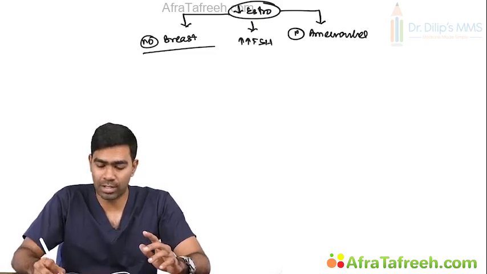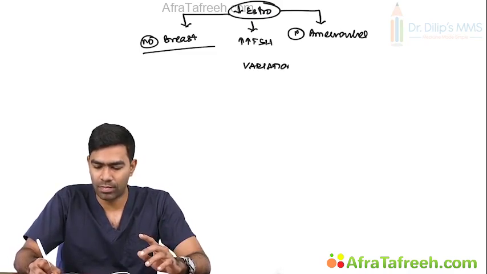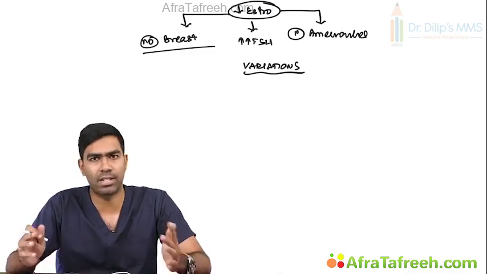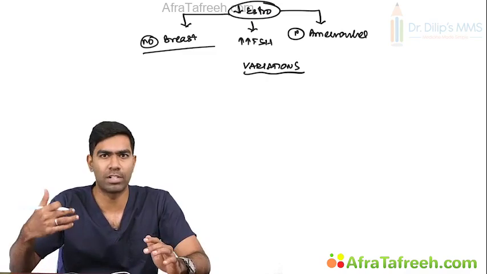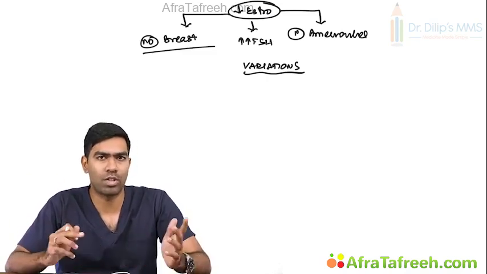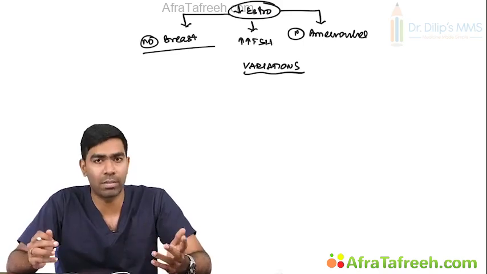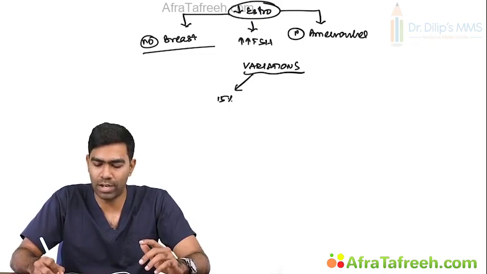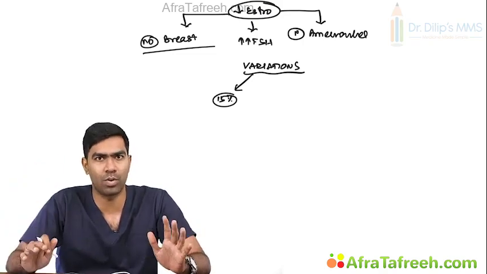But remember, there are some variations also. There are, in fact, considerable variations with regard to Turner syndrome. Remember, some patients may have very accelerated loss of follicles. Some patients have a little bit slower loss of follicles. Based on how fast they lose the follicles, the clinical picture might be a bit variable. For example, almost 80 to 85% will follow the classic picture which I told you.